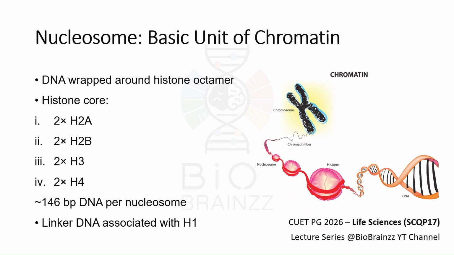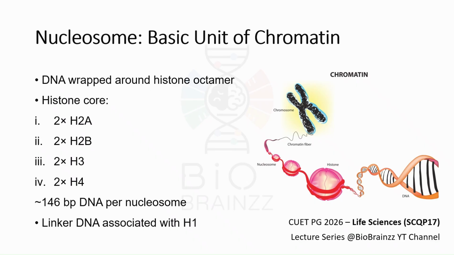Now we come to one of the most important concepts in this unit, the nucleosome, which is known as the basic structural unit of chromatin. In eukaryotic cells, DNA is wrapped around a group of histone proteins to form a nucleosome. Specifically, the DNA coils around a histone octamer.